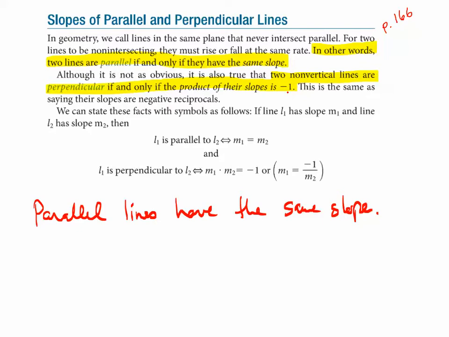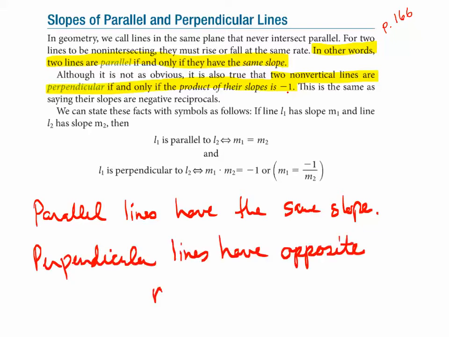So you're not going to have both of them. So a little bit better definition for it is perpendicular lines have opposite reciprocal slopes. So opposite meaning you have to change the sign, and reciprocal means we're going to flip the numerator and denominator. So you got to do those two things there.